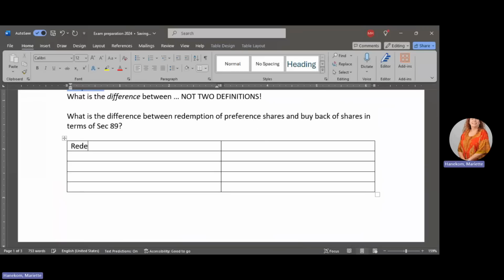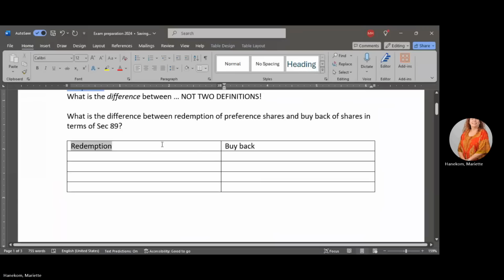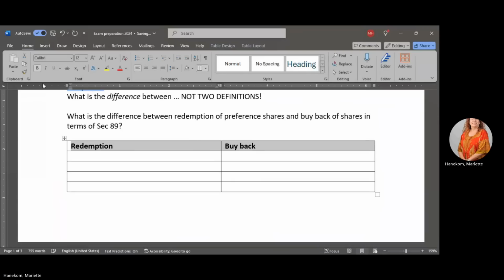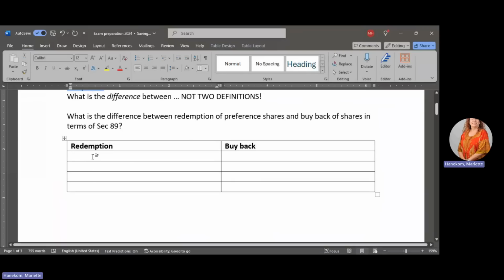So you've got redemption and you've got buyback. So I don't want you to tell me what is the redemption of preference shares. Also, don't want you to explain the rather elaborate procedure for buying back of shares.